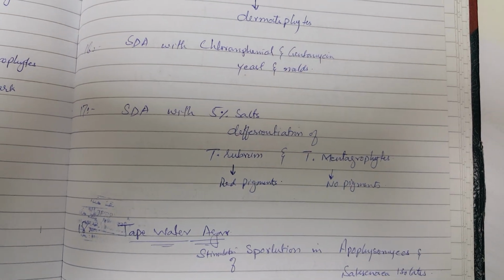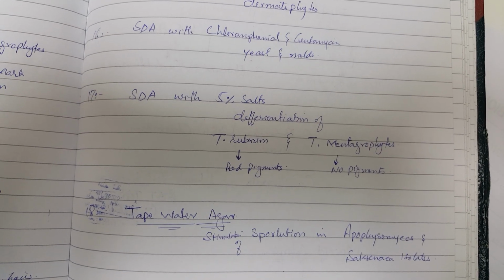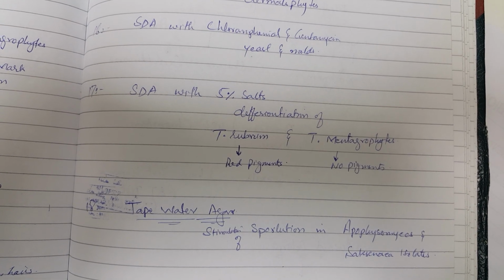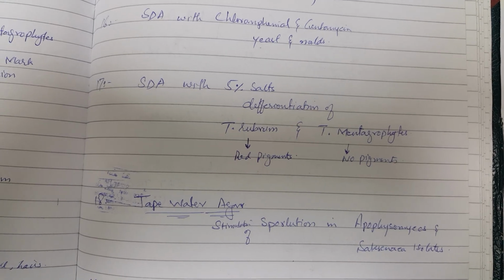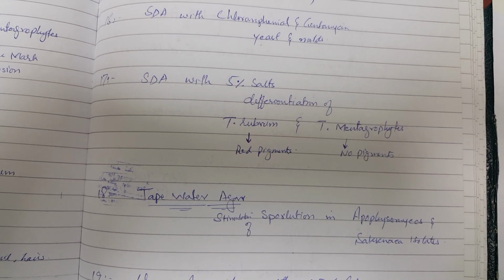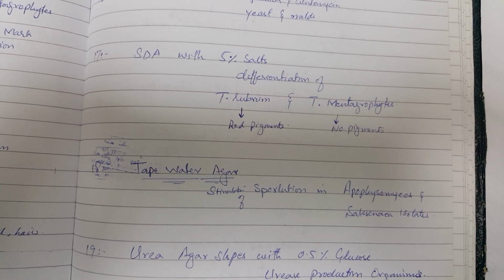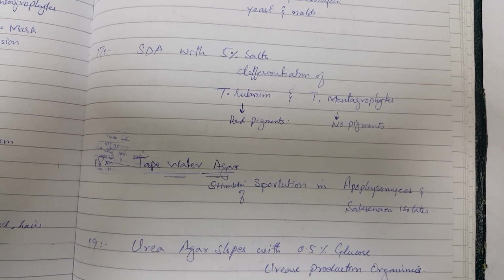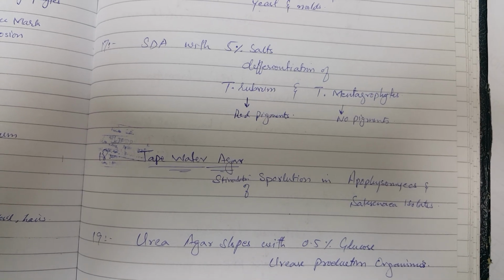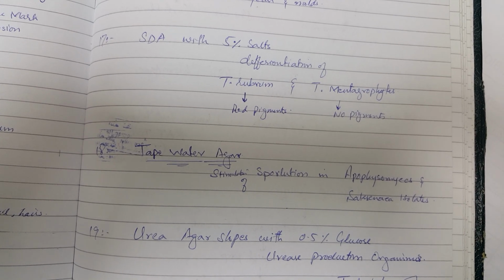SDA with 5% salt differentiates between T. rubrum and T. mentagrophytes, because T. rubrum produces the red pigment while T. mentagrophytes produces no pigment.